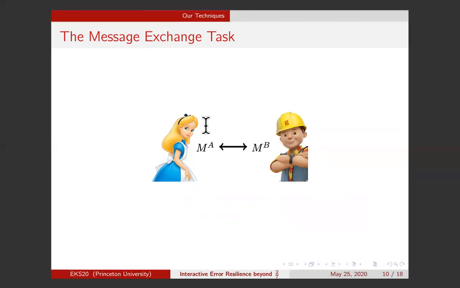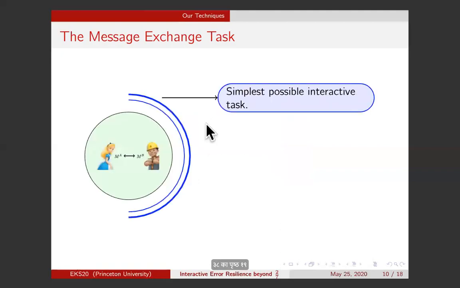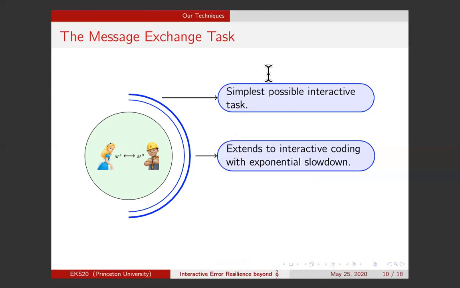So why do we restrict to the message exchange task? The main benefit of working with a simple message exchange task is that it gives me a concrete instantiation on which I can explain my ideas in this paper. It is also great because it is weakly complete, in the sense that if you have a protocol for message exchange with some error resilience, then you get the same error resilience for all other interactive tasks, although you do lose an exponential factor in the communication.